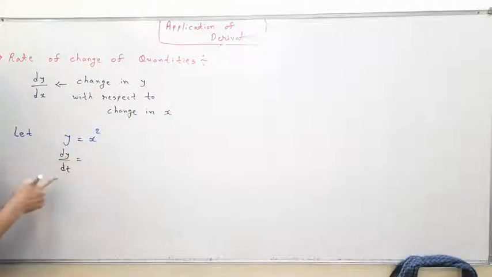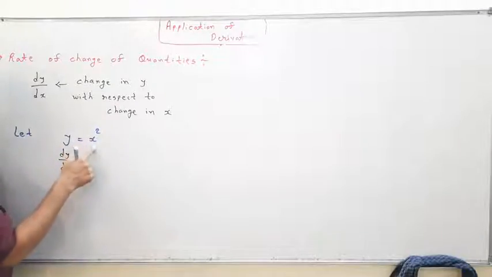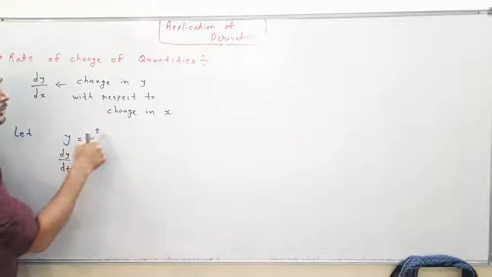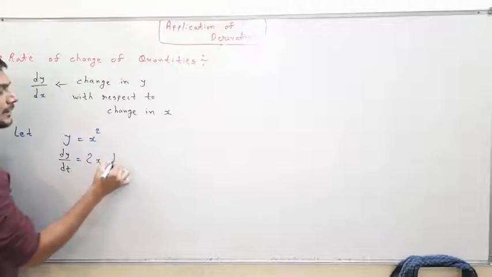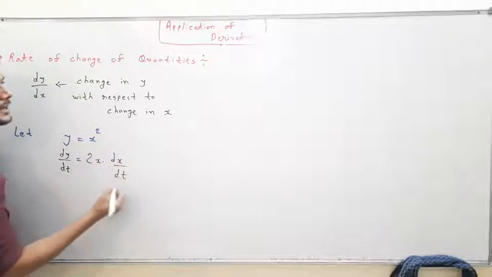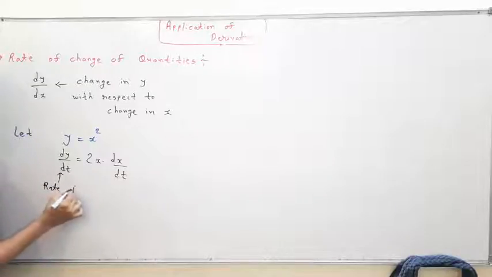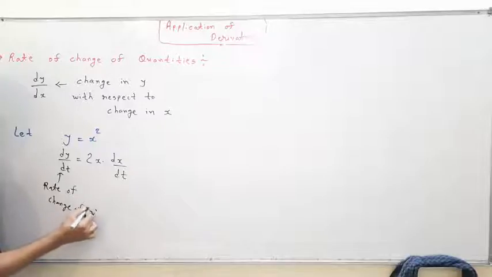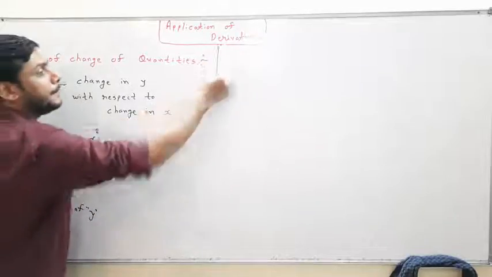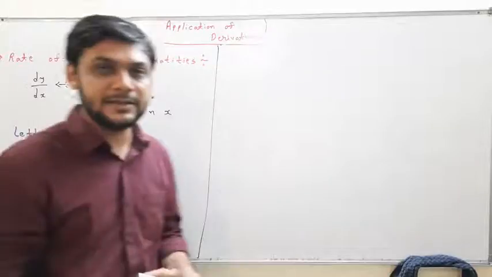Here we differentiate with respect to t, so we differentiate x also with respect to t. The differentiation of x square is 2x, and the differentiation of x with respect to t is dx by dt. So that is the rate of change of y. Okay, so that's the only theory in this exercise.